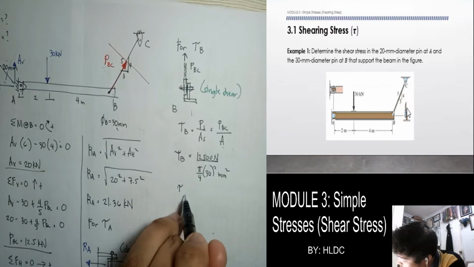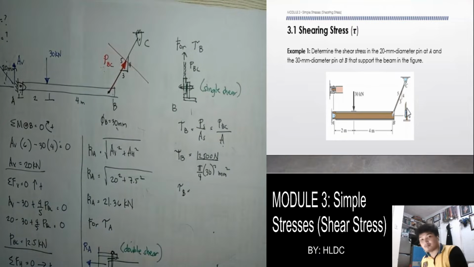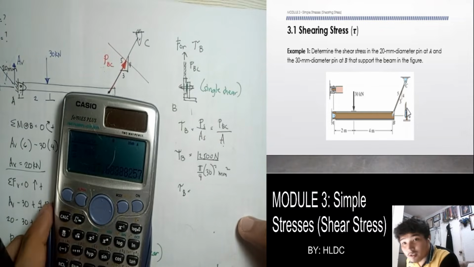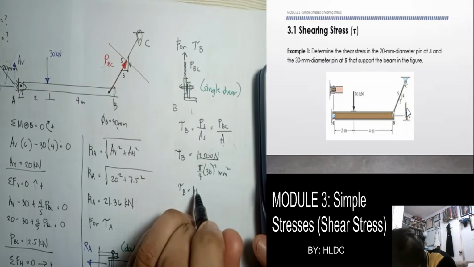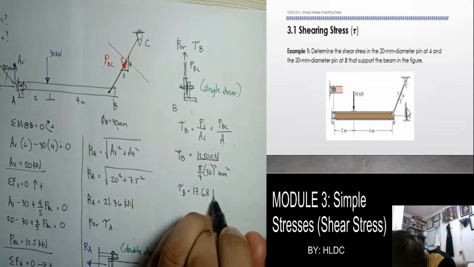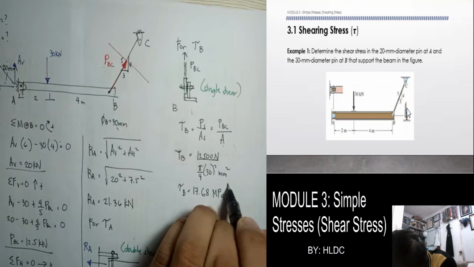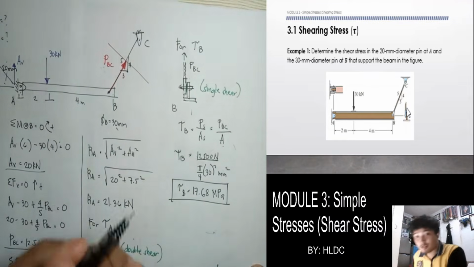So that's shear stress at B now equals, so sagot 17.68. Unit is MPa. Okay, so yun na siya.